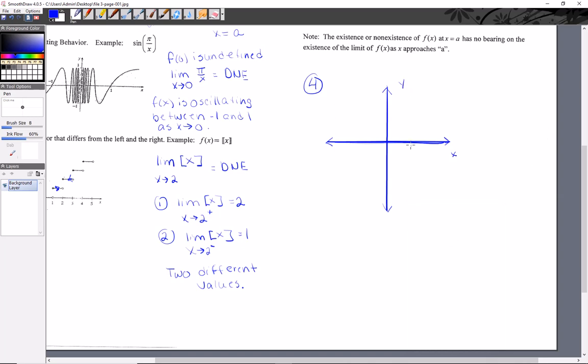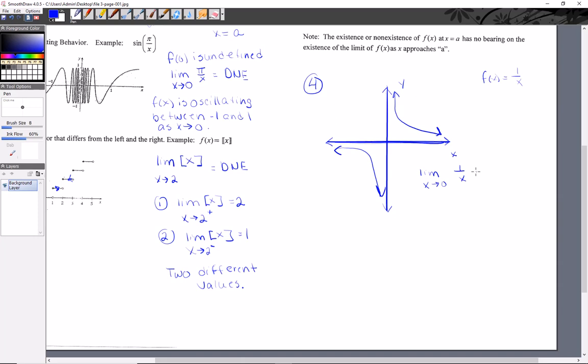We'll call this example 4, the function f of x equals 1 over x, which you remember is the parent for your reciprocal function. So it looks kind of like this.